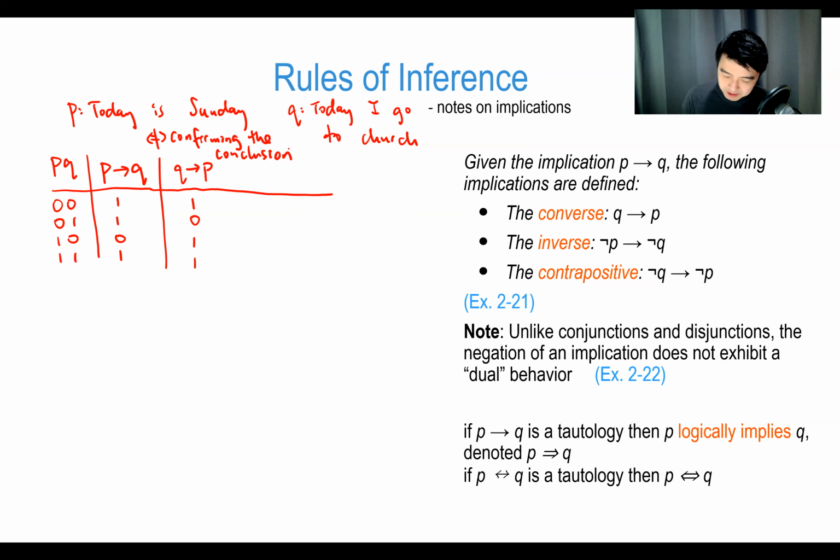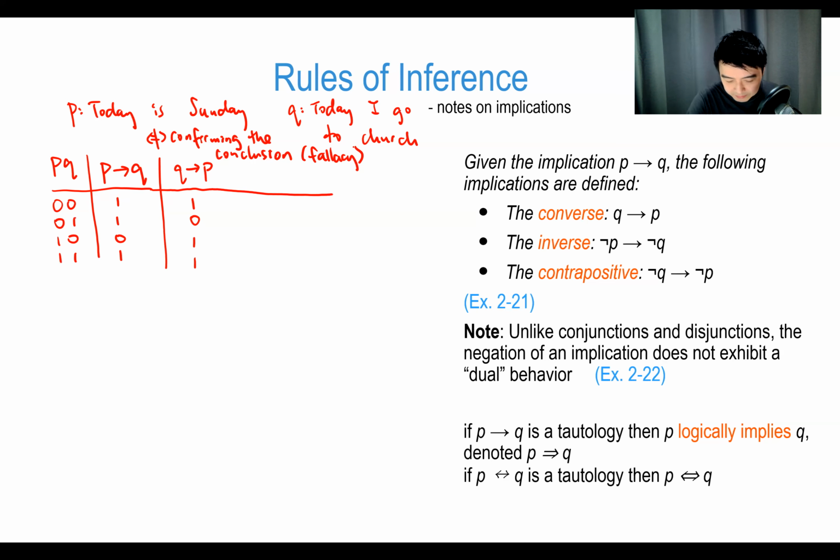Confirming the conclusion means that because I know that P implies Q, I can then say Q implies P. That is wrong. That is a false application of logic, so it's what we call a fallacy. So it's a fallacy of confirming the conclusion.